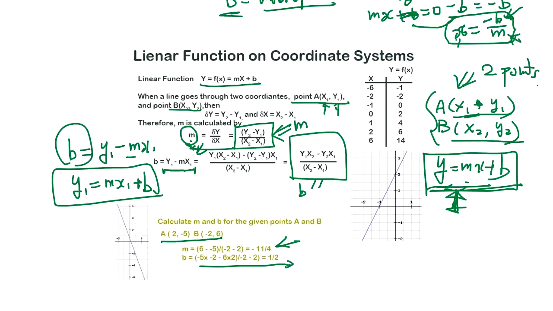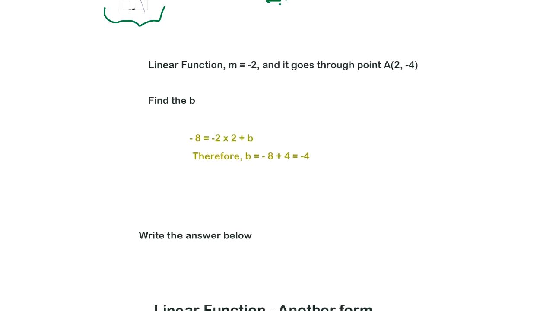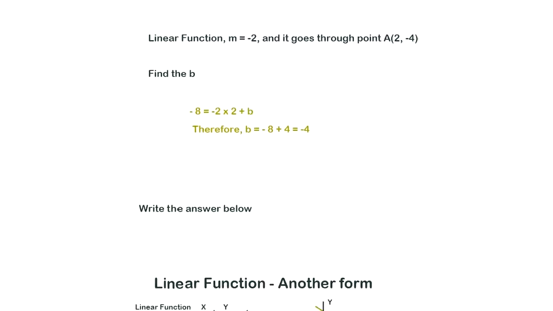So these are unknown values. You have so many unknown values, but the values are given in the question. So you just plug in those values, right? Then you get this. So the linear function m is negative 2.